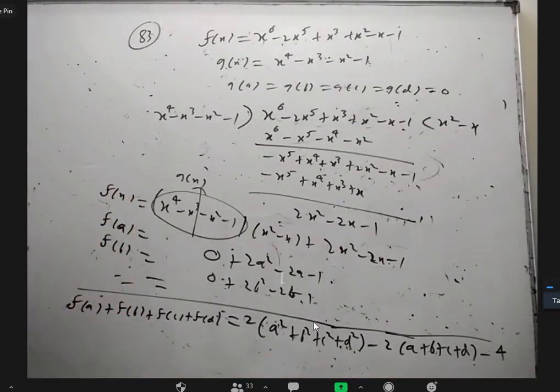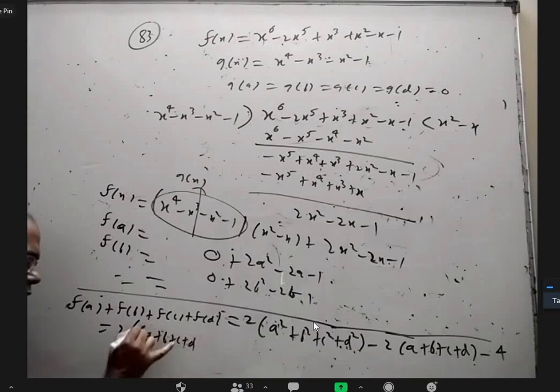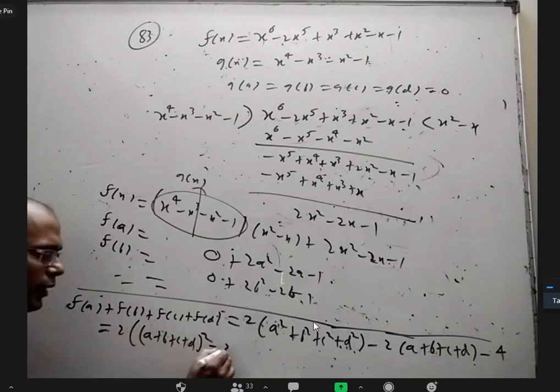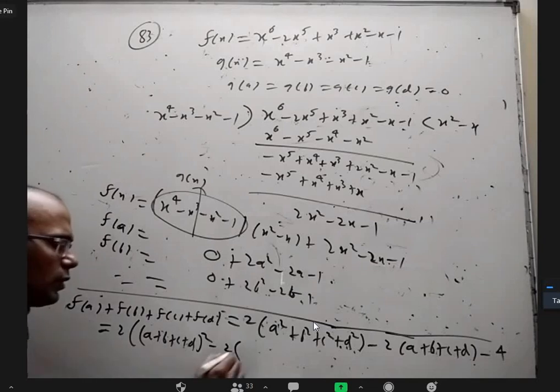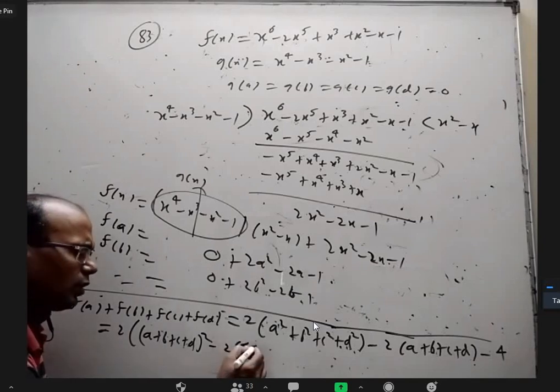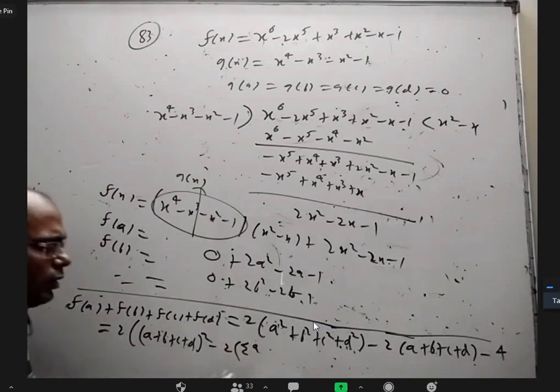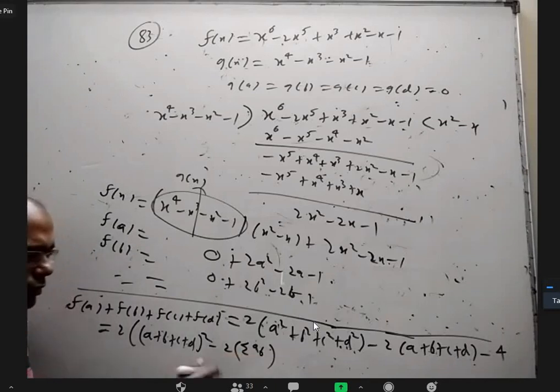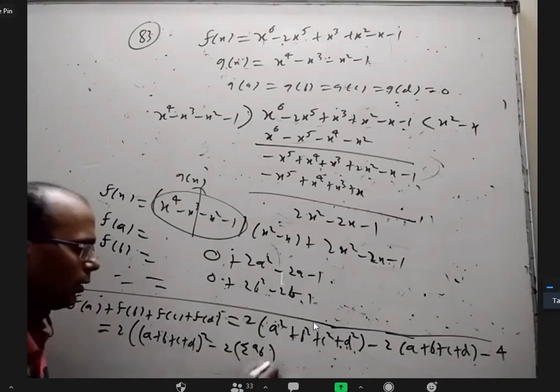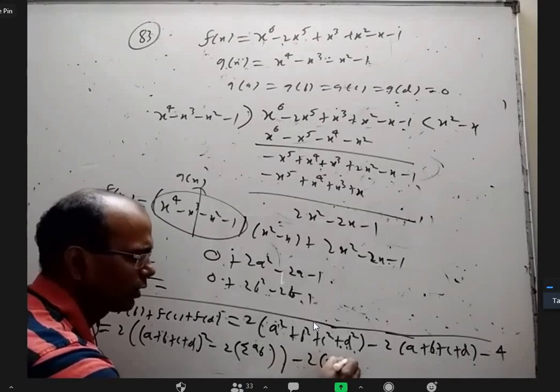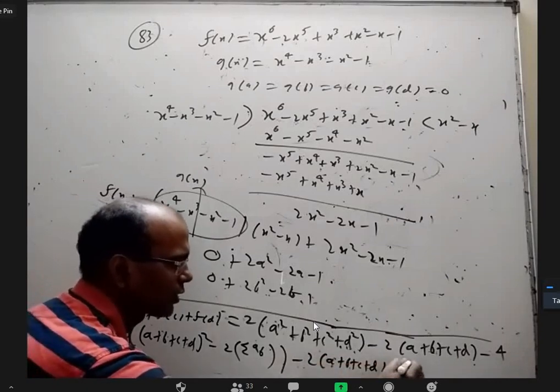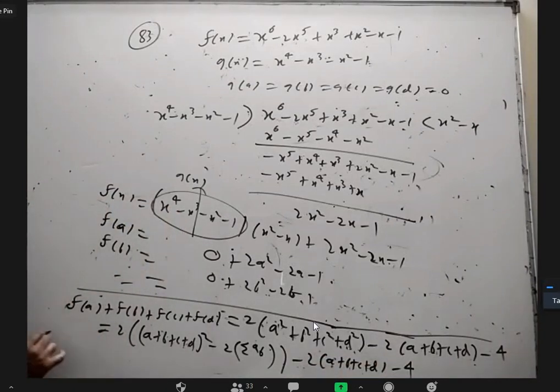For the sum of the squares, you have to write it as a plus b plus c plus d whole square minus 2 times all the two-at-a-time products. I can say double sigma ab. You can understand what that means. Minus 2 into a plus b plus c plus d minus 4. You can just substitute those values.